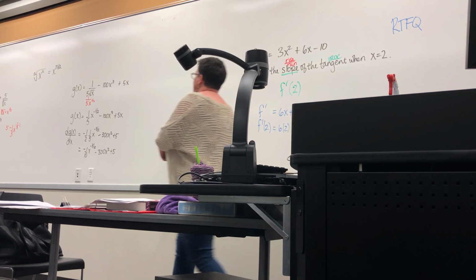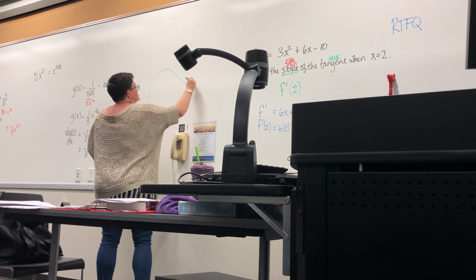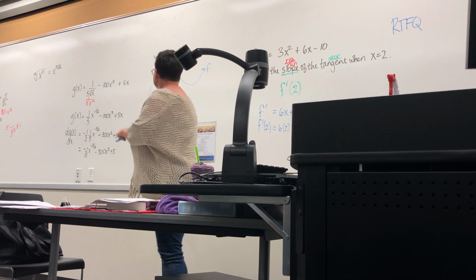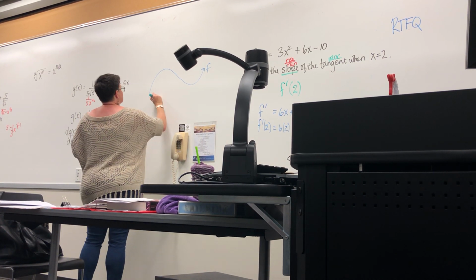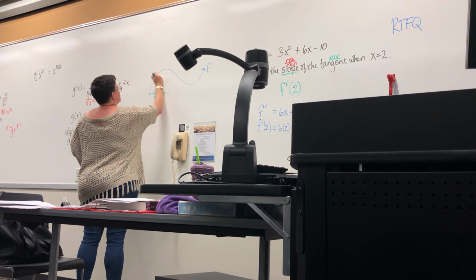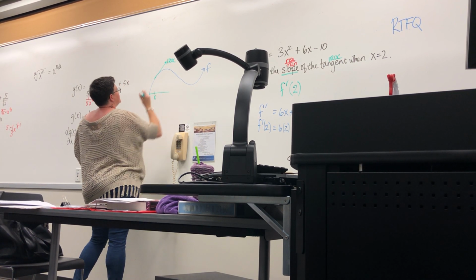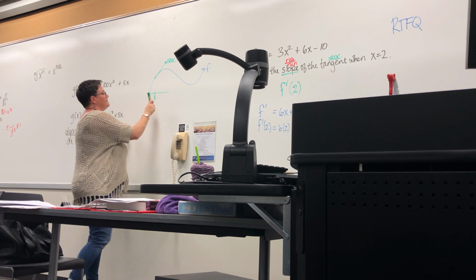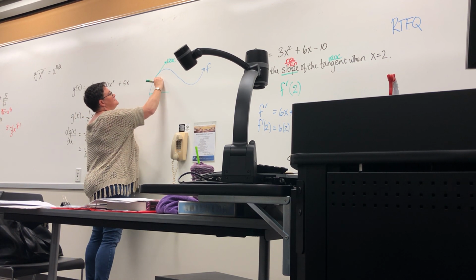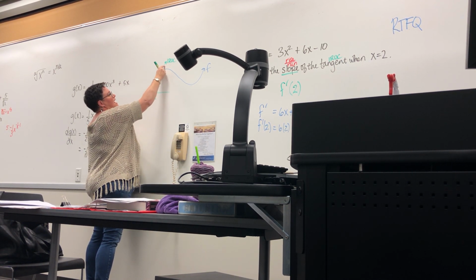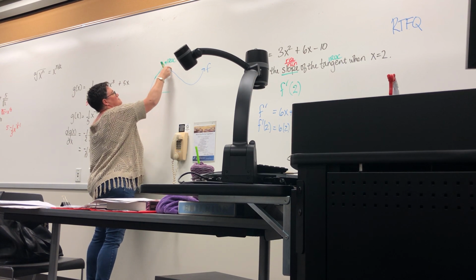Remember, if your original function looks like this, and your x value is right here, this is the instantaneous rate of change, or the slope you're gonna find. If you just go over by 1, this mirrors the behavior of the function, at least initially. But the further away you get, the bigger the error becomes.